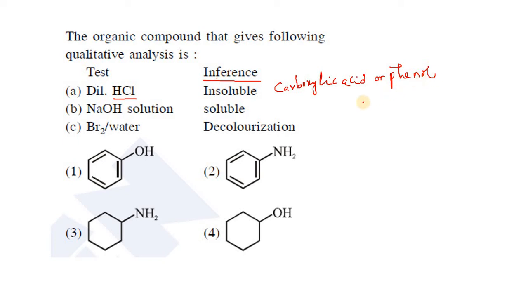When the organic compound is acidic in nature, it is insoluble in dilute HCl. It is soluble in NaOH solution. It means the compound is acidic in nature and it will form salts of sodium.